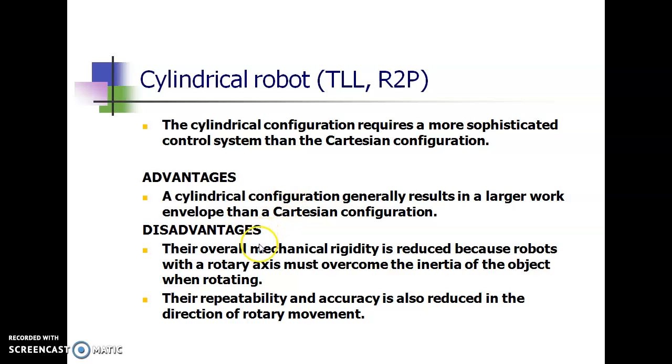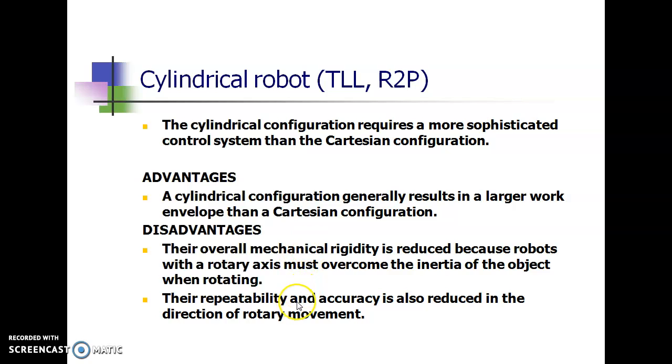But there are some disadvantages also. The mechanical rigidity is reduced because the robot has a rotary axis. It must overcome the inertia of the object when rotating, and that reduces the mechanical rigidity.